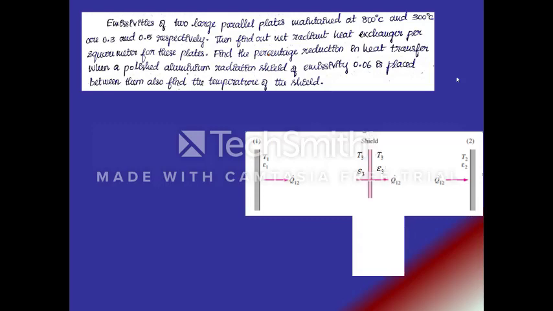In case 2, we introduce a shield in between whose emissivity is 0.06. That is, epsilon 3 is the emissivity of this shield, given as 0.06. It will be at a different temperature T3. Now we have to find out the heat transfer between plate 1 and plate 2. And finally we have to calculate the temperature of the shield, T3.